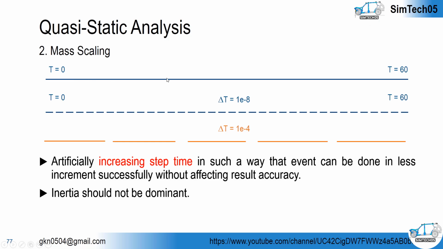If we have a time event of 0 to 60 seconds and a stable time of 1e-8, then with small increments we have to complete the simulation, and it will surely take some amount of computational time.